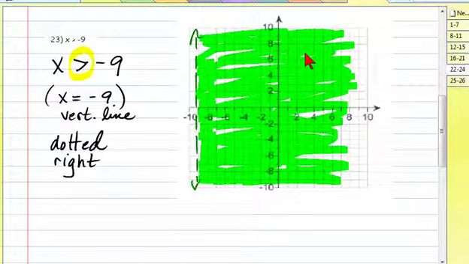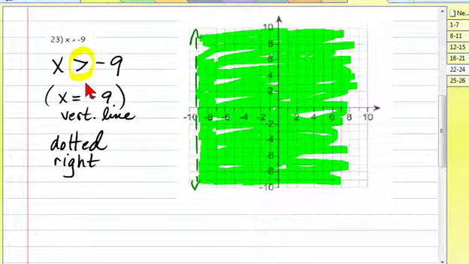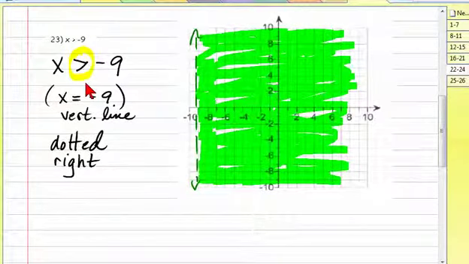I need that little paint bucket, but it's everything on the right-hand side. Your note sheet reminds you that when it's in terms of x's, greater than means to the right and less than means to the left.